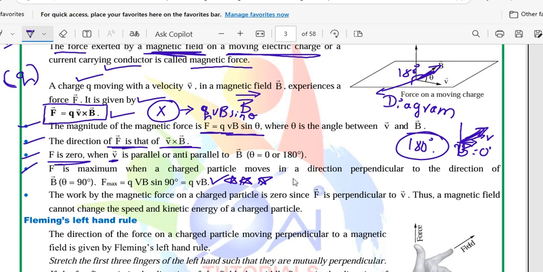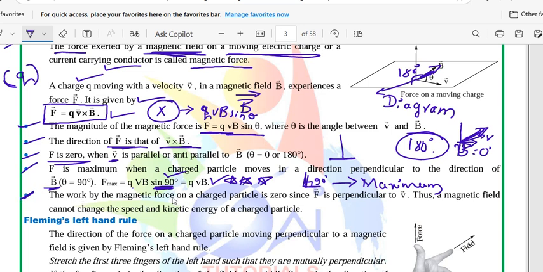In that condition F maximum will become qvB into sine 90 degree, since perpendicular means the angle is 90 degree. What is sine 90 degree? It is equal to 1. So the equation will become F maximum is qvB only. Is it or not?